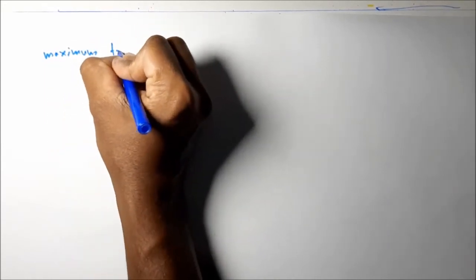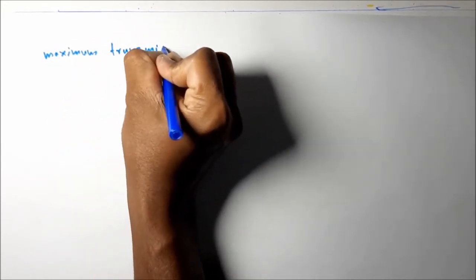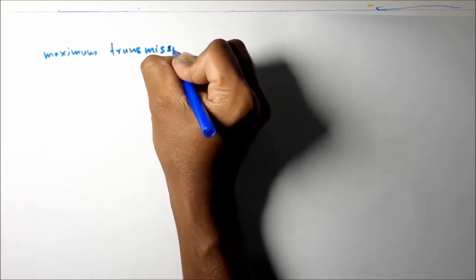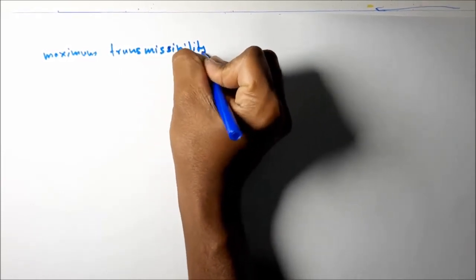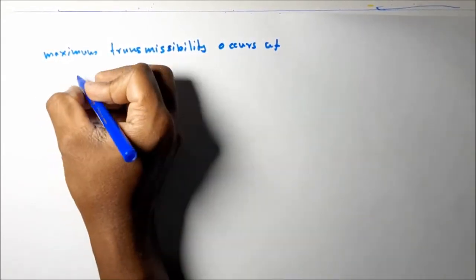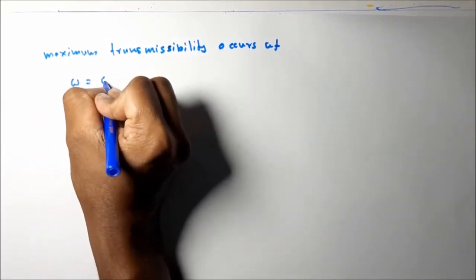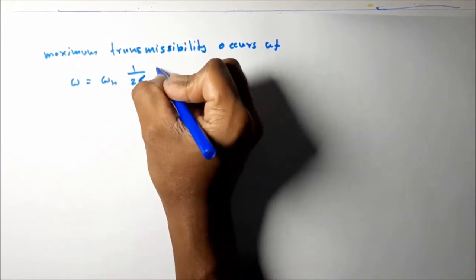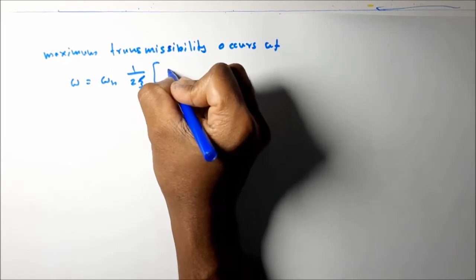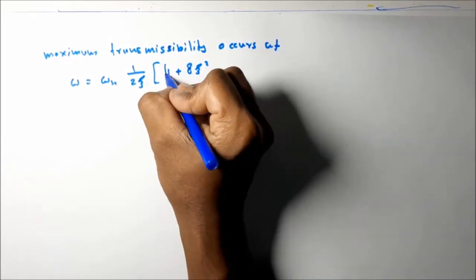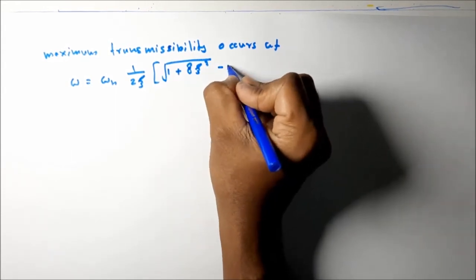Maximum transmissibility occurs at omega equal to omega n divided by 2 theta, times the square root of 1 plus 8 theta squared, minus 1.